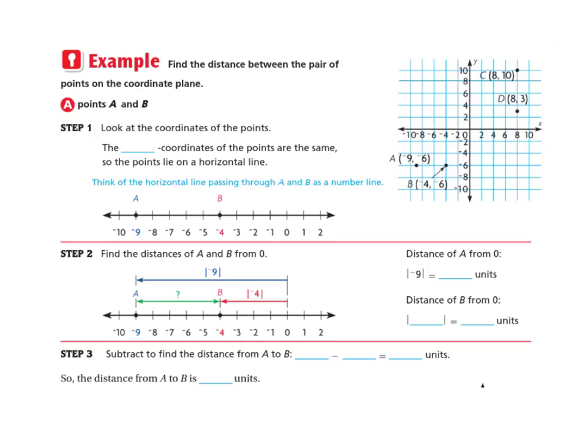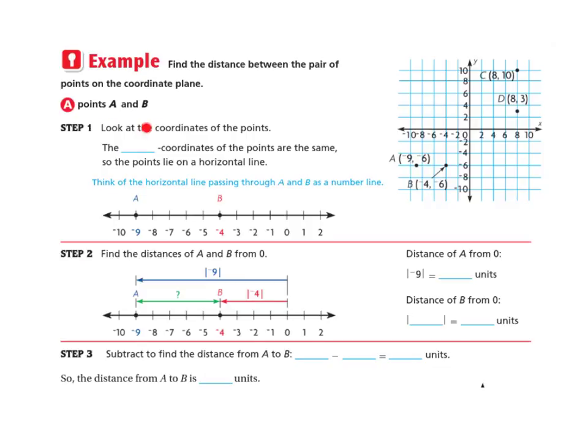So let's try this one here. Now we're going to find the distance between the pair of points on this coordinate plane, points A and B. So A is at (-9, -6), and B is at (-4, -6). Now you'll notice that we're not going back to 0. So let me show you a strategy to solve this.